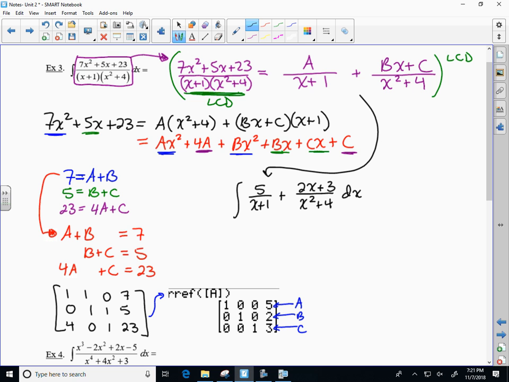So we can anti-differentiate this right away. Call that 5 ln x plus 1. The other part, I'll write it as plus antiderivative 2x plus 3 over x squared plus 4 dx.